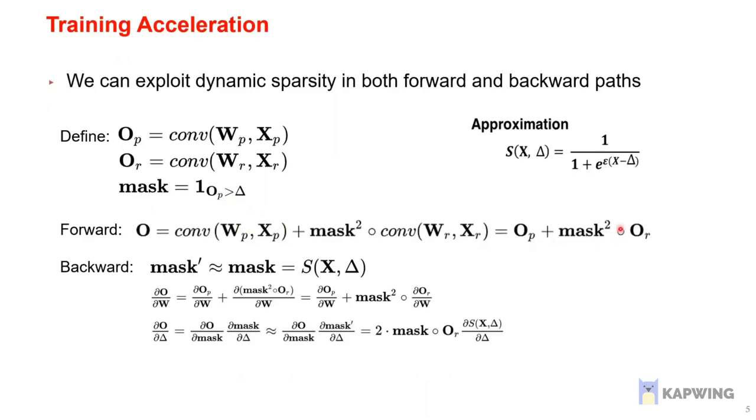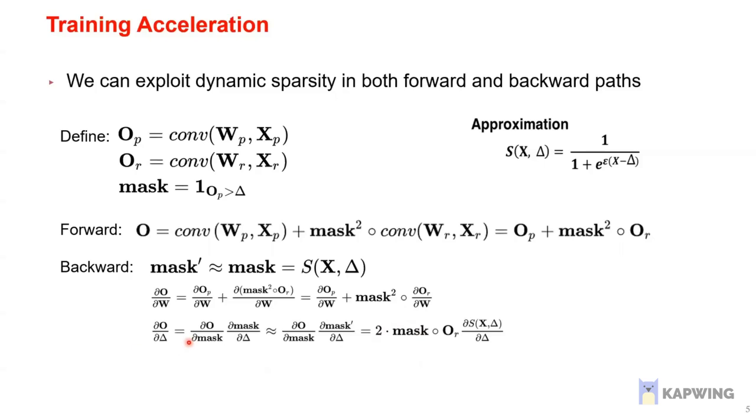Here, we square the mask element-wise in the update phase. Given that mask is a binary tensor, the element-wise square operation preserves the same value. However, after the modification, an additional mask term is introduced in the backward propagation in computing the gradient of O with respect to the gating threshold delta.